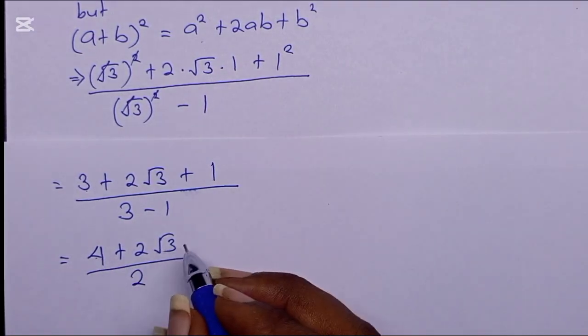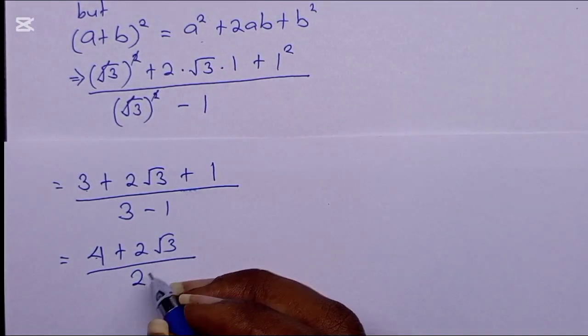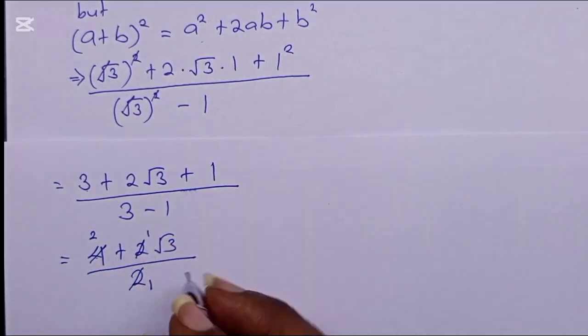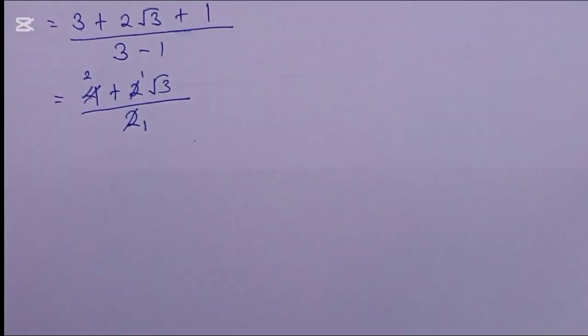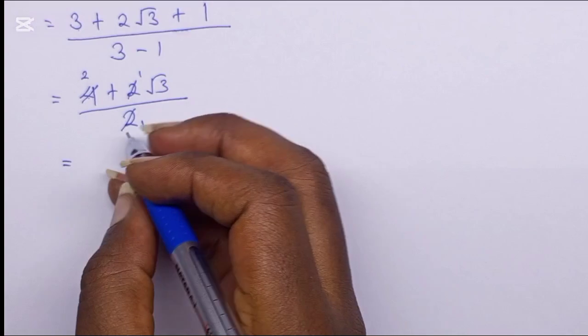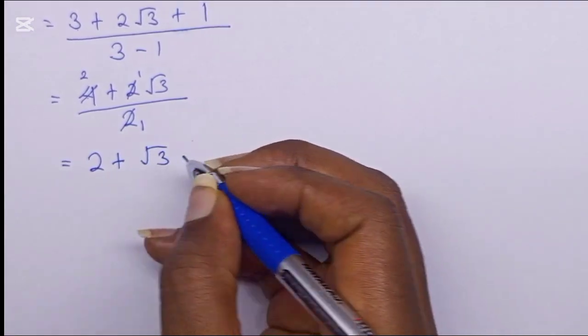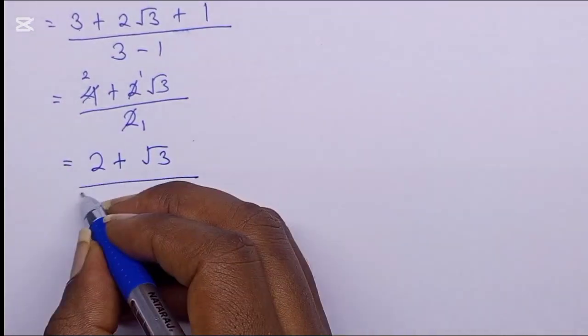Both of them are divisible by the denominator. So divide here, we get 2 here, and we get 1 here. So this will be equal to 2 plus root 3. So this is our answer.